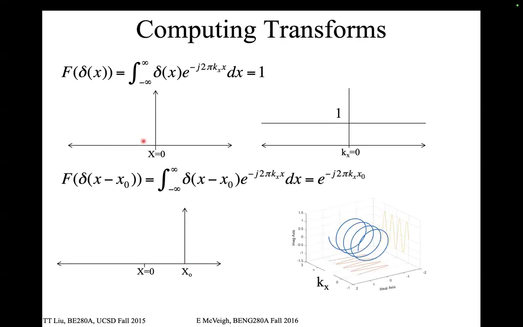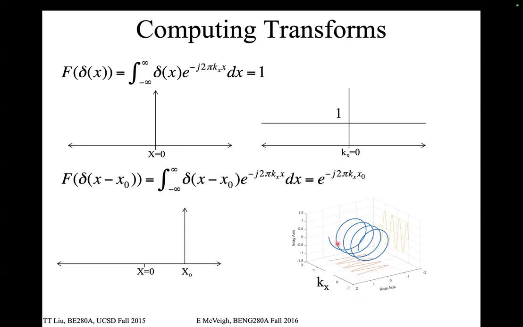So here's our delta function at the origin. If I ask what is its Fourier transform, it's just 1. Everywhere it's the same, right? And here, with the delta function shifted across, I now have a unit amplitude function, but its phase changes as I move in kx.